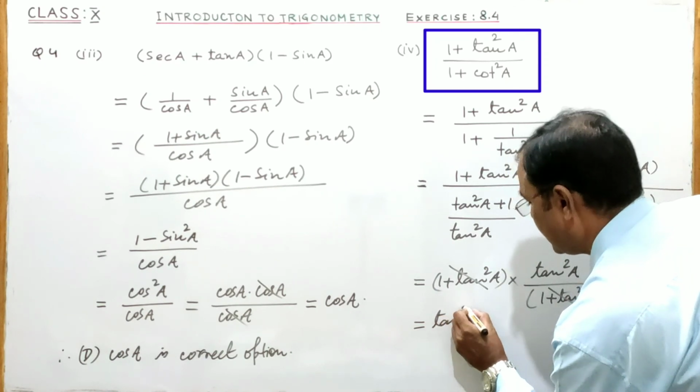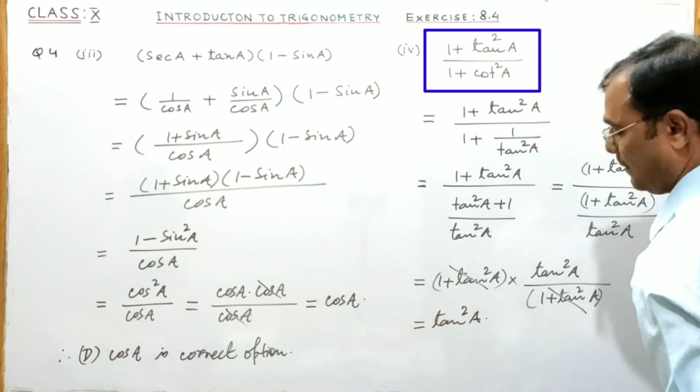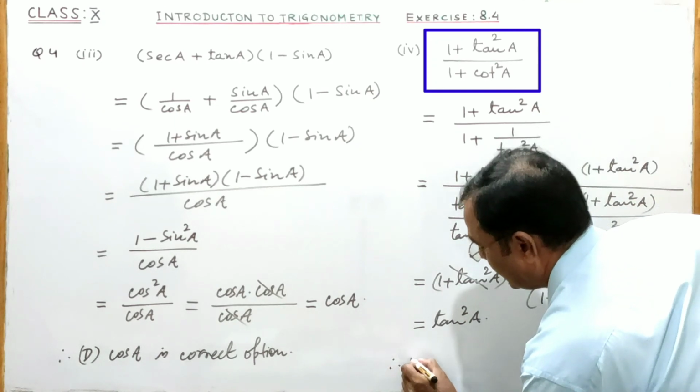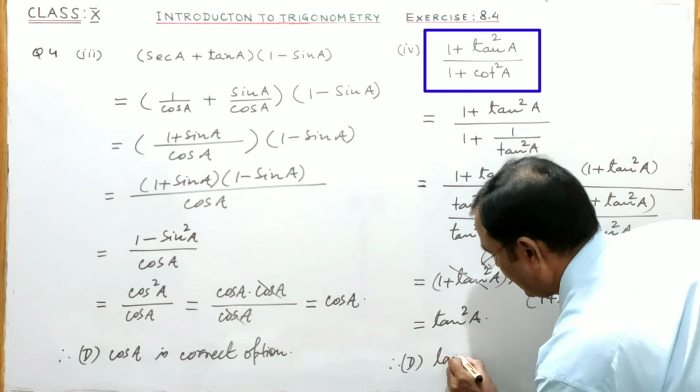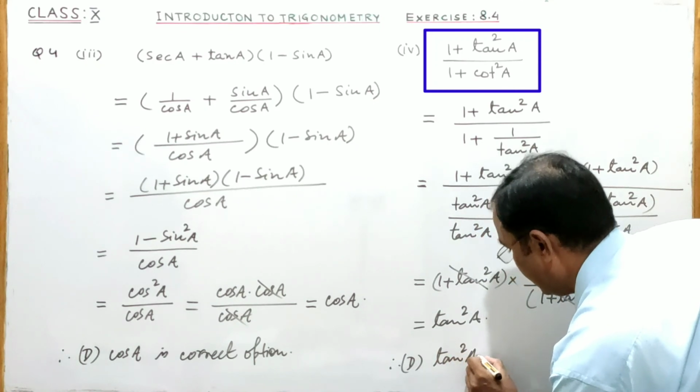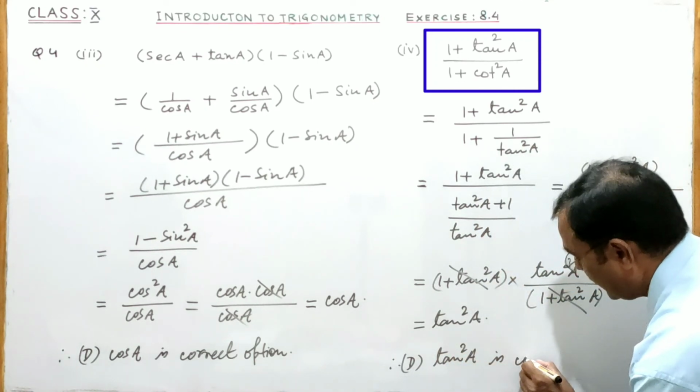So we have got tan square A. Therefore option D, tan square A, is correct option.